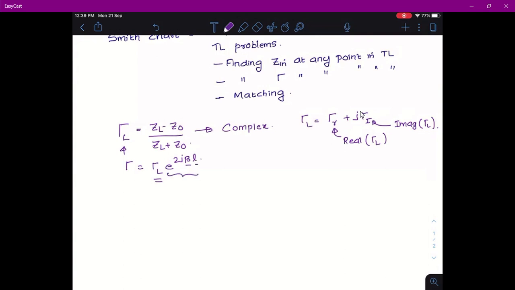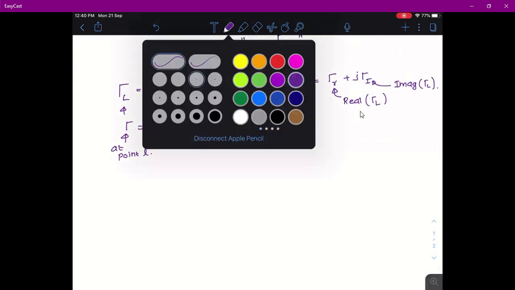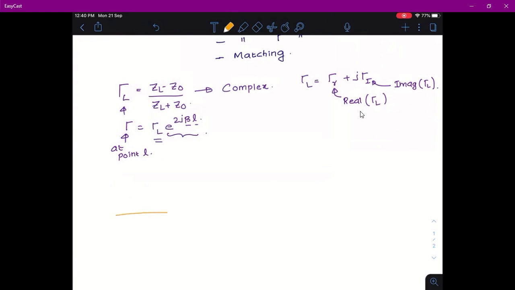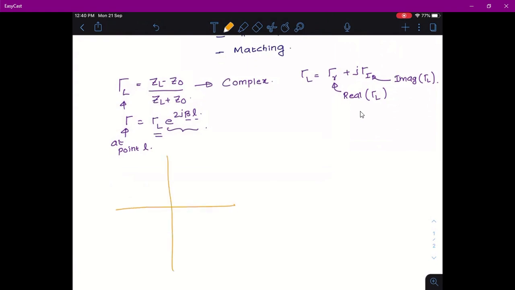So you can always represent the reflection coefficient at any point L as the product of the reflection coefficient at the load and exponential of 2j beta L. Okay, so tau L is our reference, and Smith chart is basically drawn in an axis where the x-axis is the real part of tau L, which is tau R, and the y-axis is the imaginary part of tau L, which is tau I.